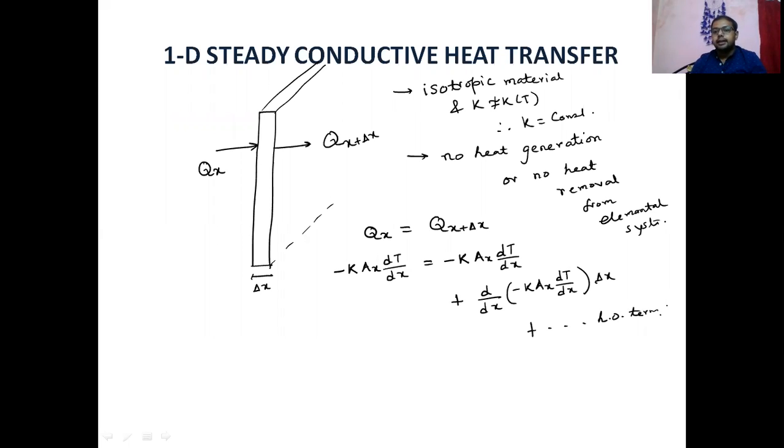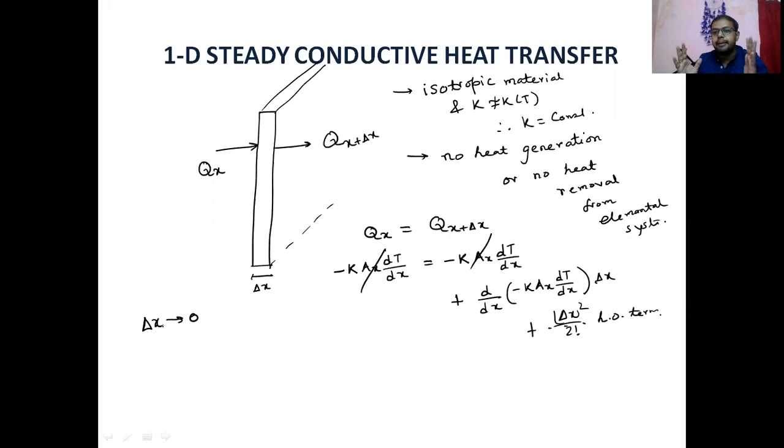In such a case, if you converge this elemental area into a point, then the differential expression comes into the picture. Here, what you see, this will be cancelled out, and this will be cancelled out, and the higher order terms you will see, with delta x squared by 2 factorial, delta x cubed by 3 factorial. So what will remain if you take the limit delta x tends to 0?